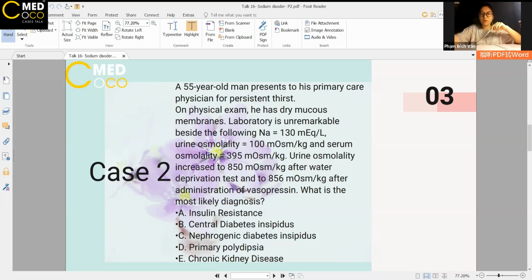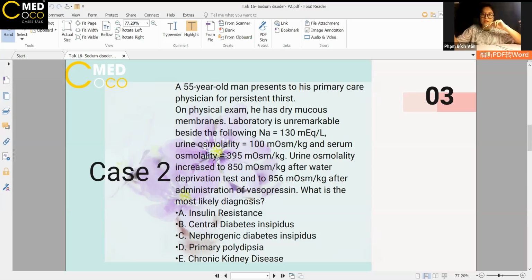Well, the first thing is the age of this patient. He's 55 years old, and he has dry mucous membranes. And I think the most important point is the laboratory result: the sodium, the urine osmolarity.